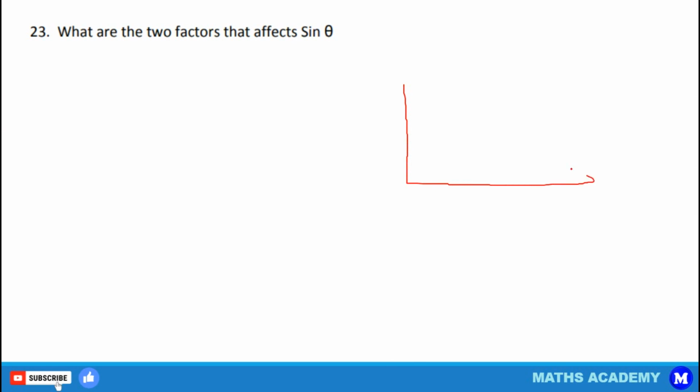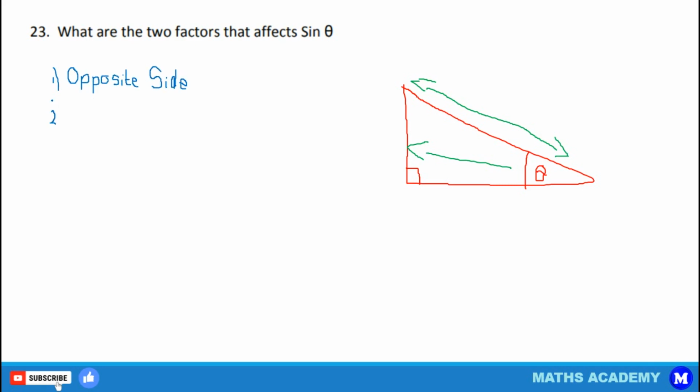For example, if you take this as a triangle and this is theta, the opposite side of this angle is this side, and always the hypotenuse side will be this side. So the 2 factors that affect sin theta are the opposite side and the hypotenuse side. So I hope you understood it. With that, let's move on to the next slide.